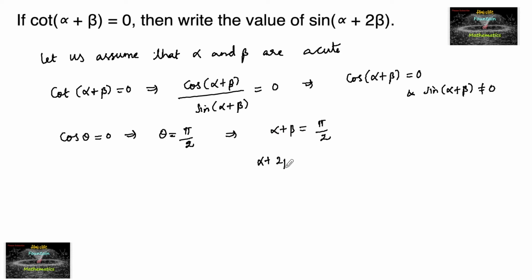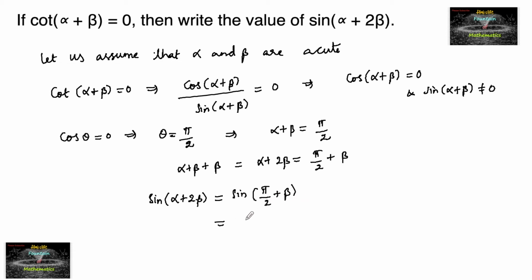So alpha plus 2 beta can be taken as pi by 2 plus beta, because alpha plus 2 beta we can write as alpha plus beta plus beta. Therefore sine of alpha plus 2 beta is equal to sine of pi by 2 plus beta, which equals cos beta.